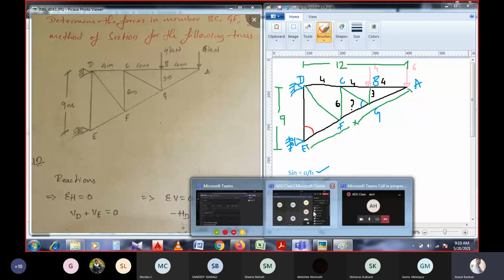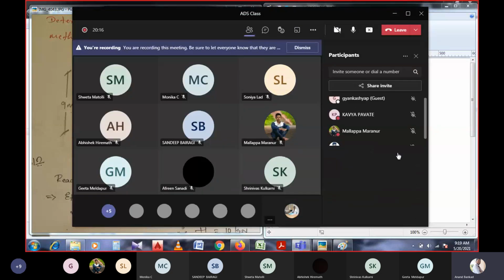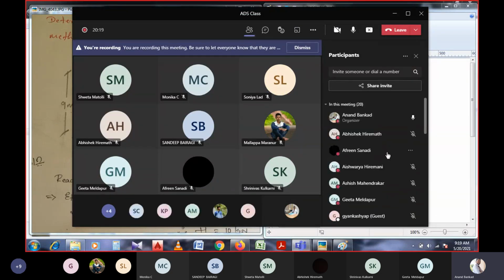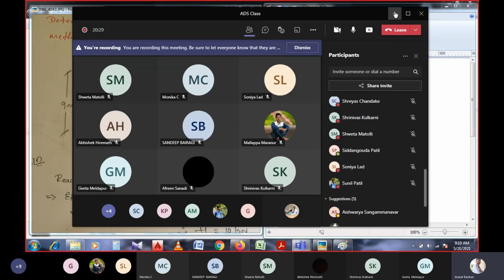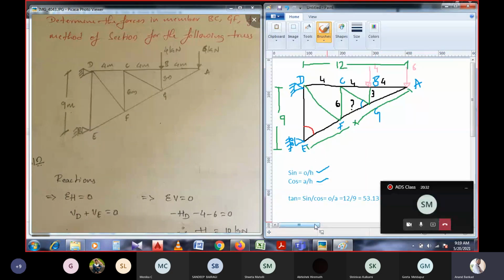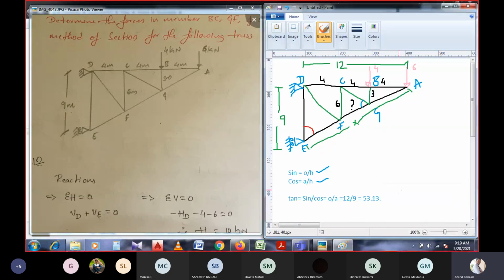How many of you are here? Everyone is listening, correct? If this is your condition, it is very horrible, dear friends. If you are unable to calculate the angle of inclination for a simple member by knowing everything, then I don't know how people are going to write the exams, because it is a very basic thing.